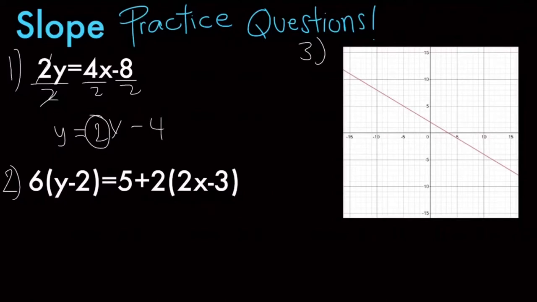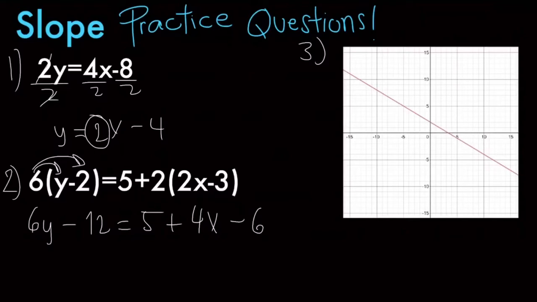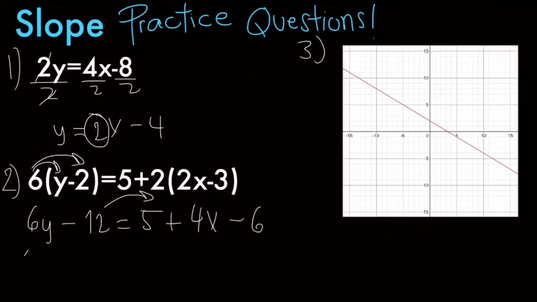In this question we have to simplify, so we'll start by distributing 6y, negative 12 equals 5 plus 2 multiplied by 2x, that's 4x, 2 multiplied by negative 3, that's negative 6. Now we will take negative 12 to the other side, making 6y equal to 5 plus 4x minus 6 plus 12.